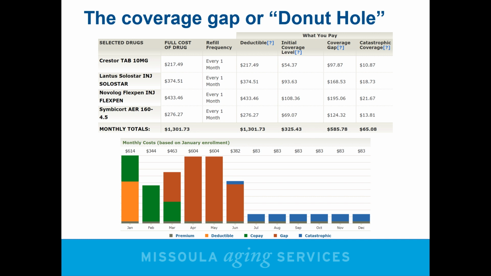Here's that same information shown with real drugs, though, that I put into Plan Finder over the course of a year. And this is the part where people's jaws really drop because this person is paying so much each month on prescriptions. I will tell you that I deliberately chose a bad plan for this person so that I could show you all the coverage levels.